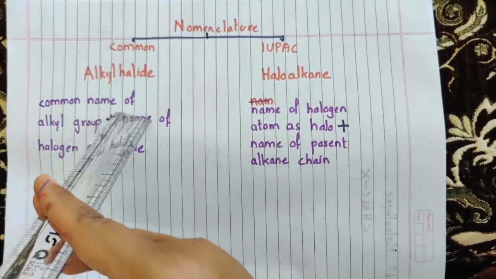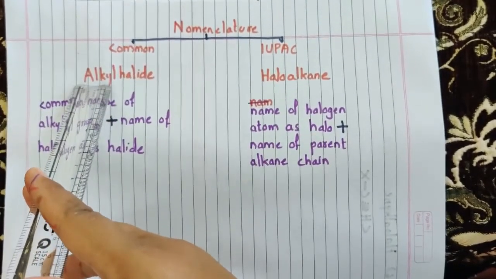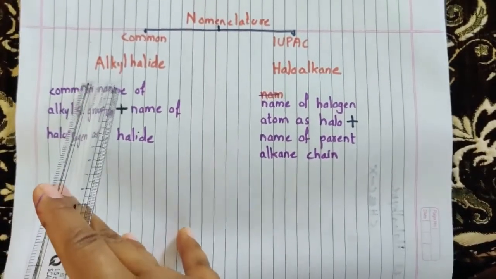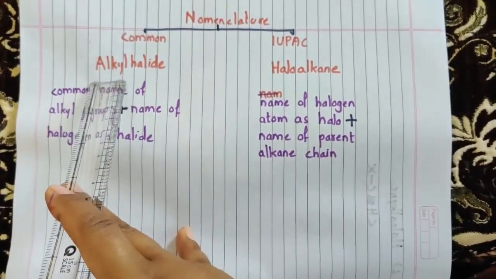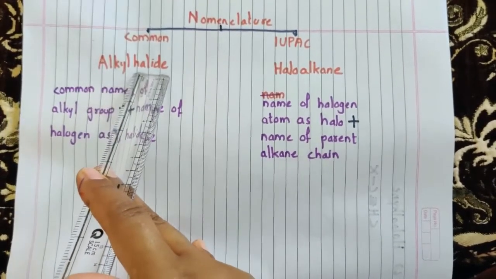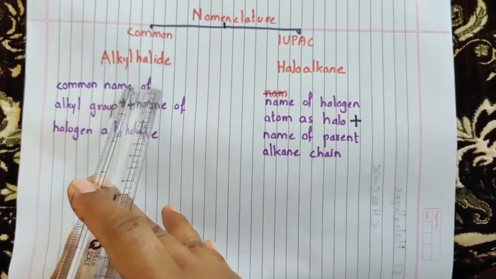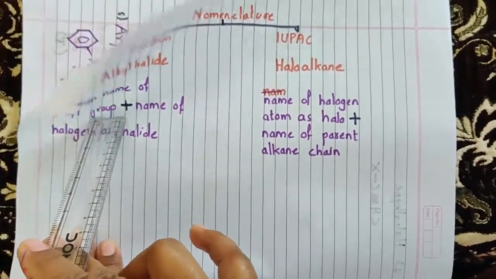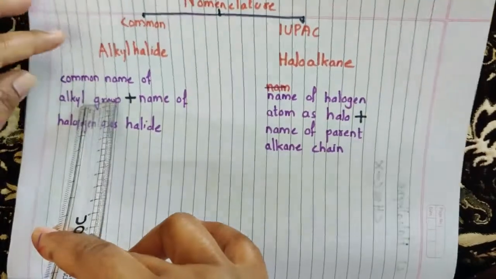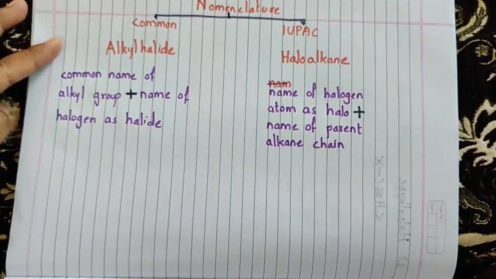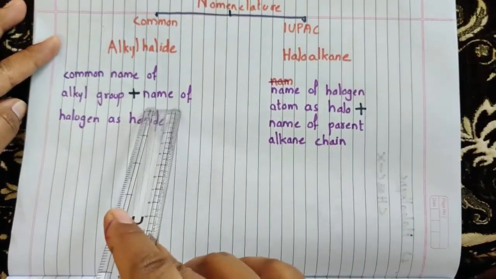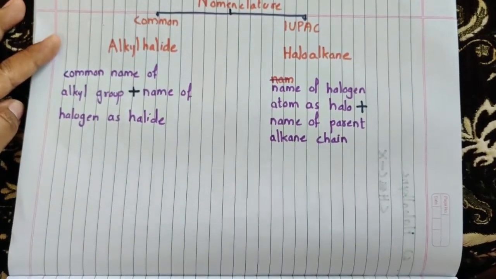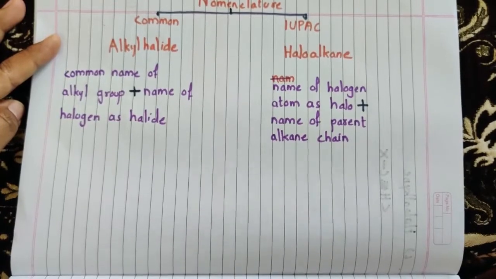In common system, the halogen derivatives will be named as alkyl halide, that is, we'll mention the name of alkyl group first, followed by the name of halogen atom as halide. So here you'll first mention which alkyl group is there with suitable prefixes like iso, neo, whatever it is, and then you will write the name of your halogen atom as halide. Like if it is bromine you will write bromide, for chlorine you will write chloride.